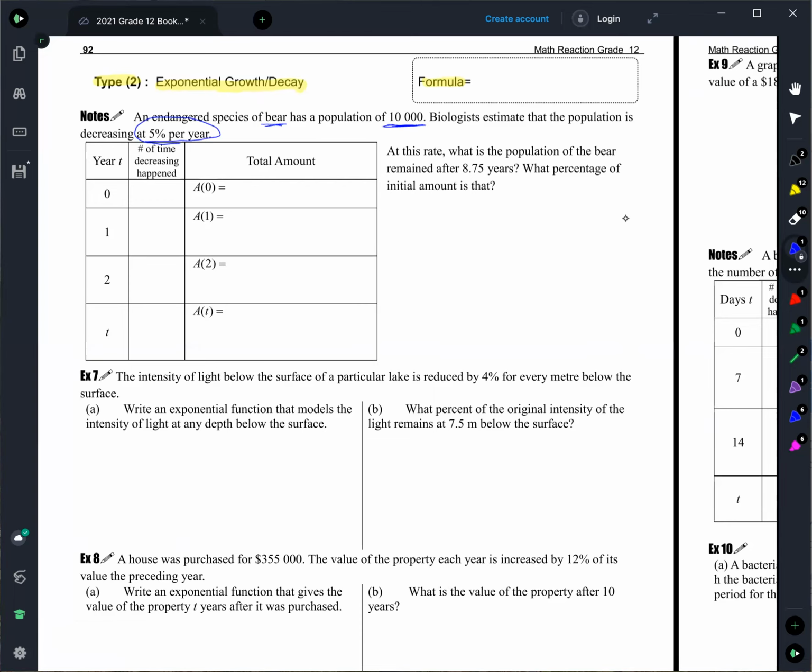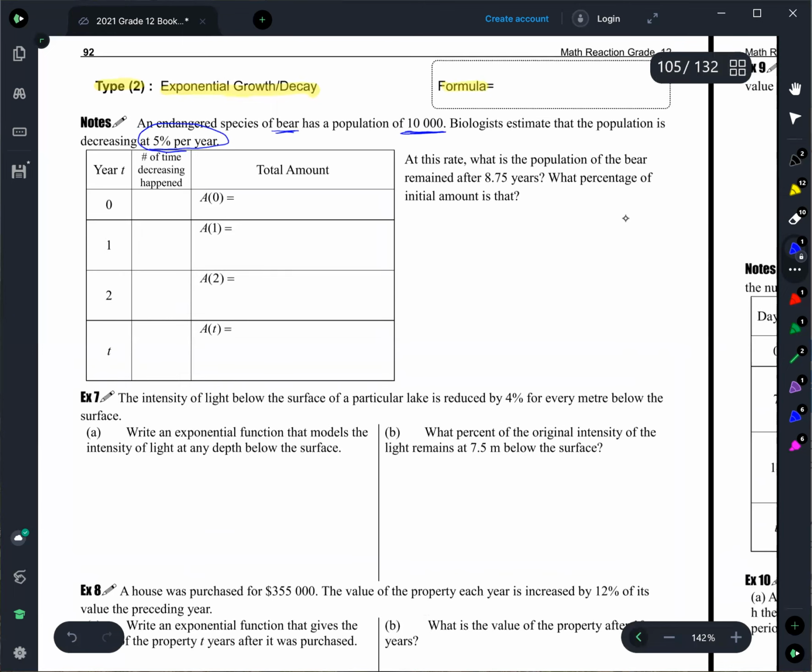So let's look at the chart. Year T is 0, that means initial, right? So no decreasing has happened yet. So 0 times the decreasing happened, right? A of 0 means amount of bear, right? Number of bears at initial time. So that's 10,000.